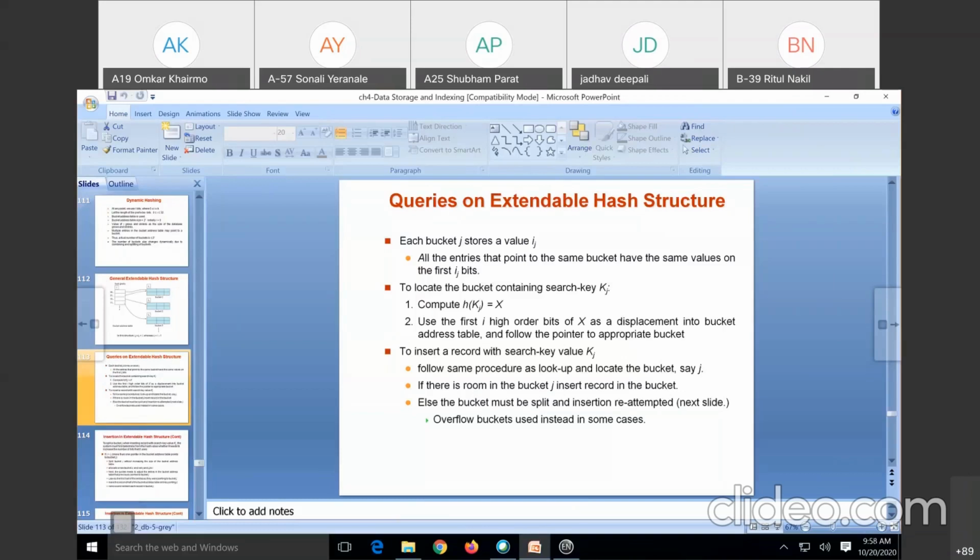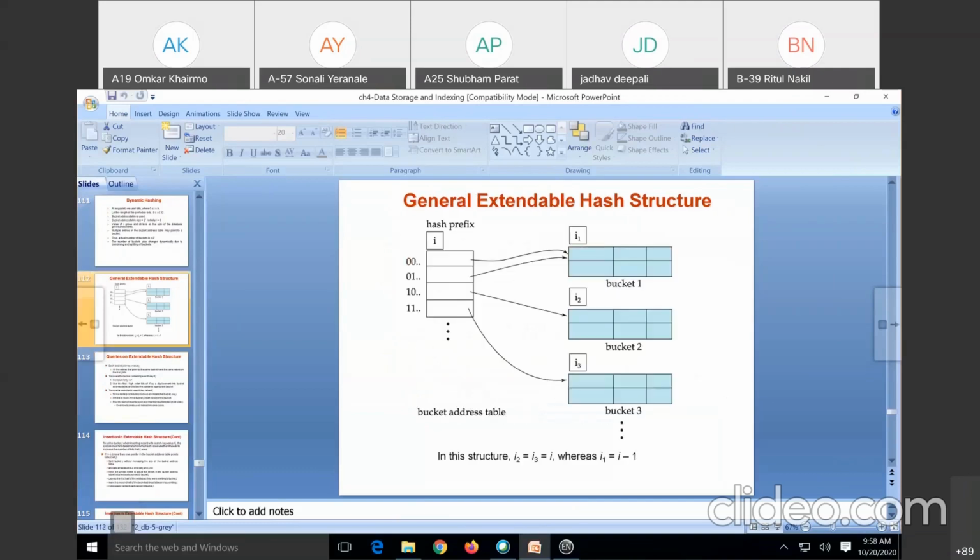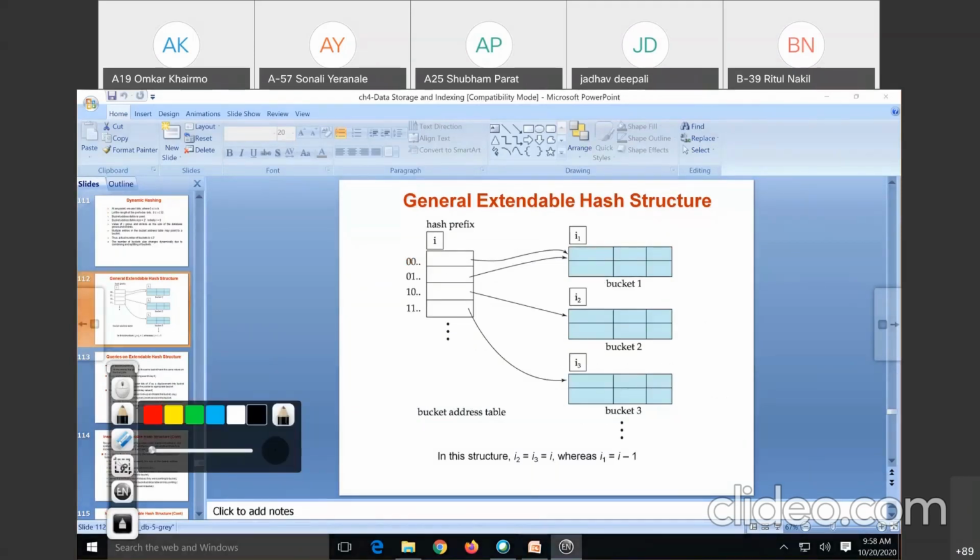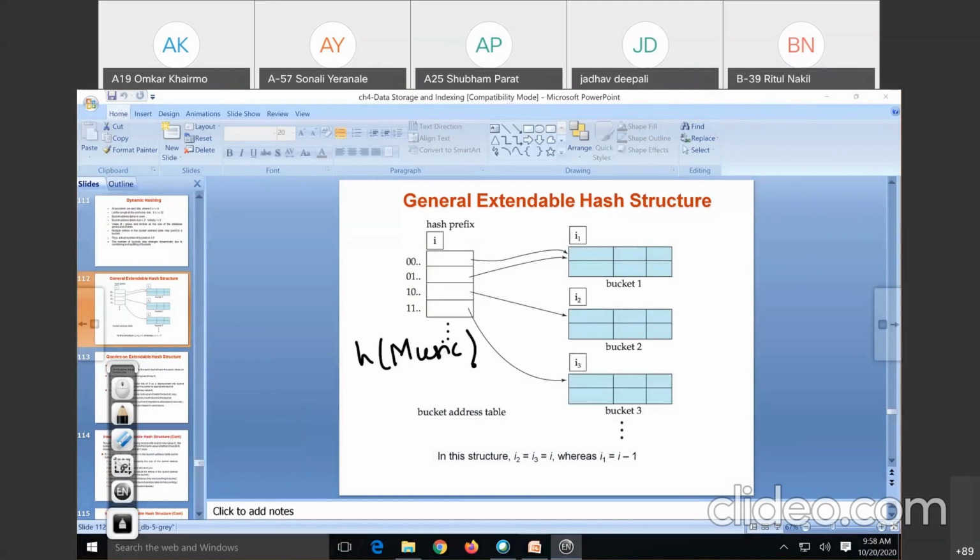to the appropriate bucket. Now see here, for example, suppose we want to locate a record with some hash value h of music. Then it gives some value like 0, 1, 0, 0, 0, 0, something. 32 bits are there in the hash value.